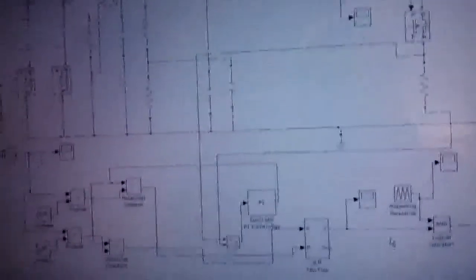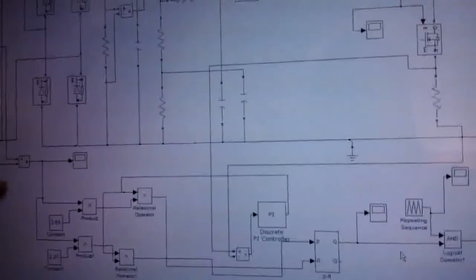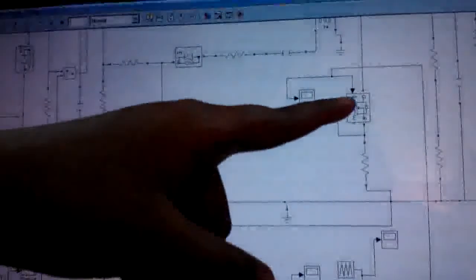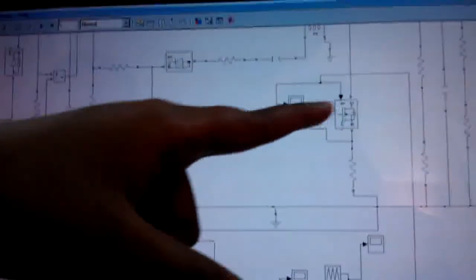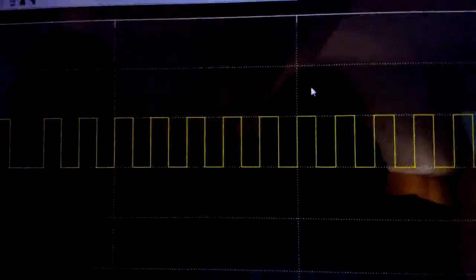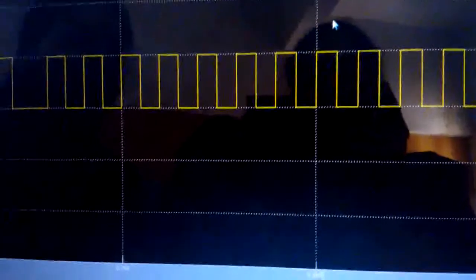We have used a combination of certain components which works as a PFC IC so as to turn on this MOSFET. We can also see the pulses of this PFC IC here in this scope. These are our pulses which are given to the MOSFET for switching on.